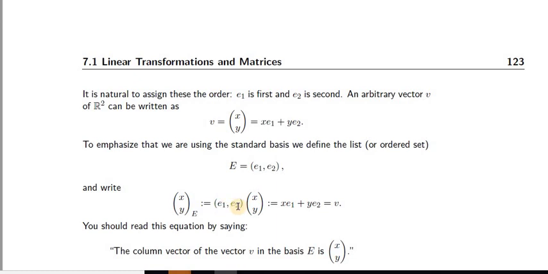This is why we call E1, E2 the standard basis, because this basis representation of the vector is the same as the vector representation that we always use.